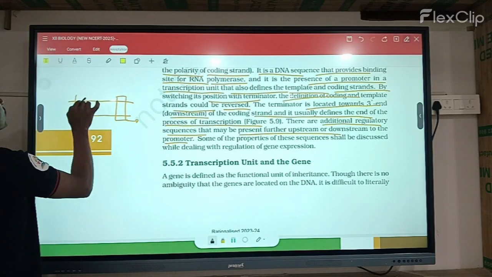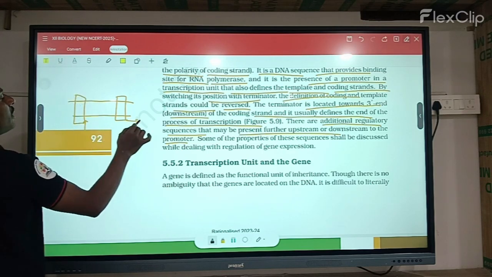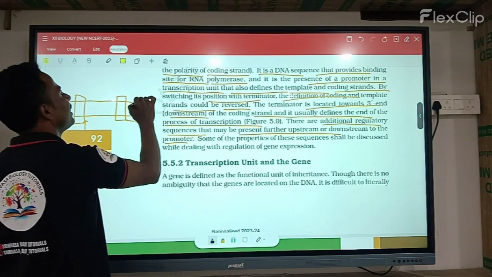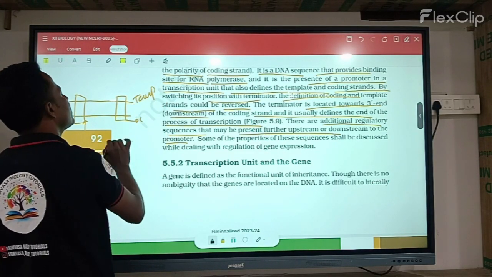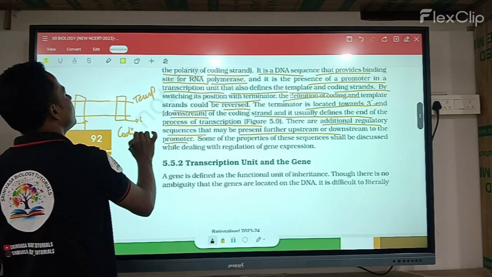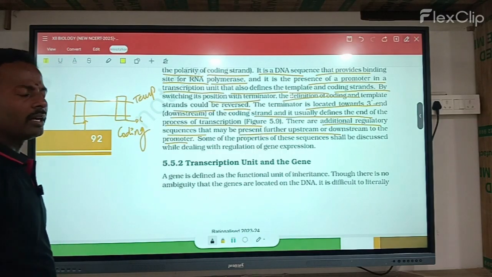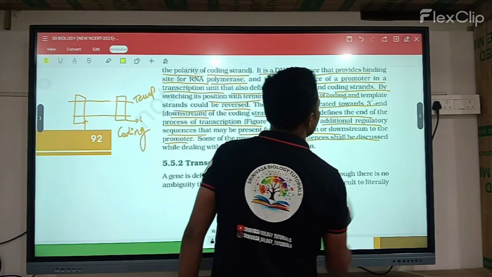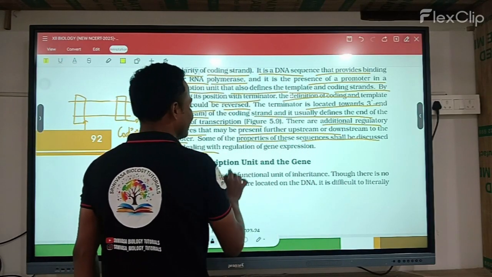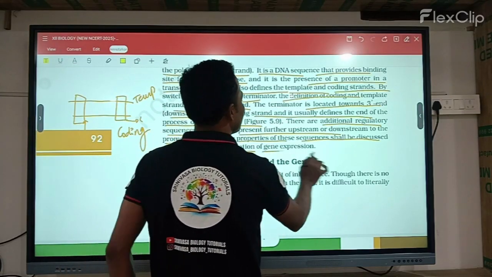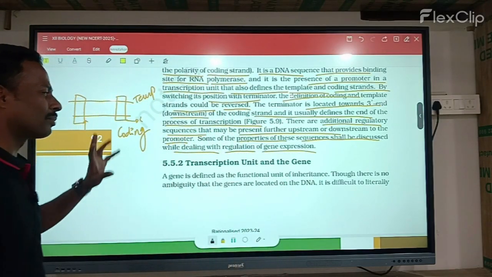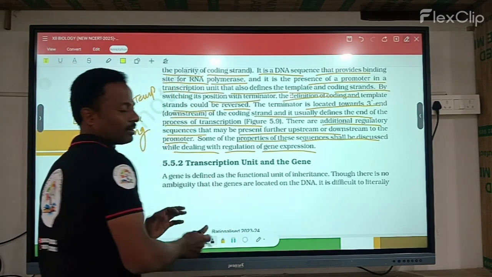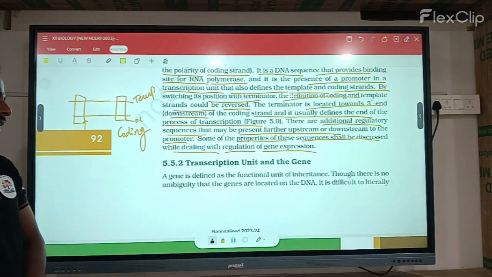Depending on the formation of either the template strand or the coding strand, and the properties of the sequence, they deal with the regulation of gene expression. So this total information explains the process of gene expression.